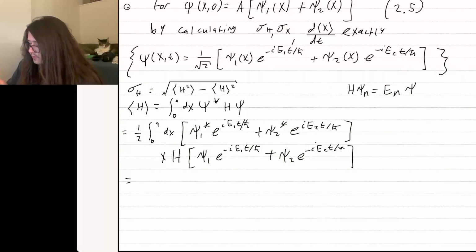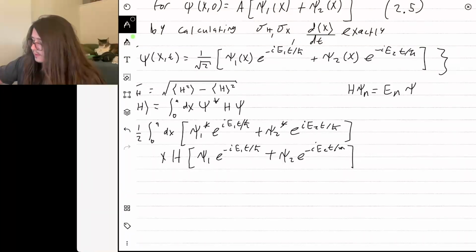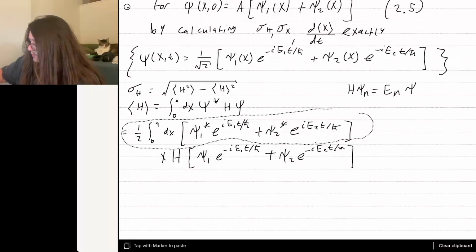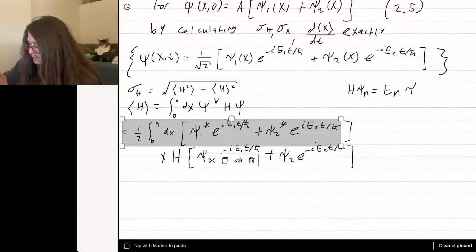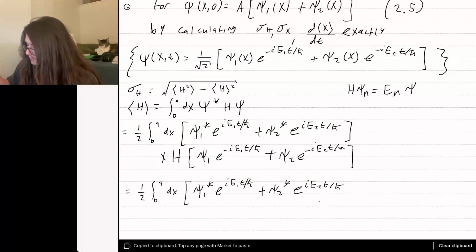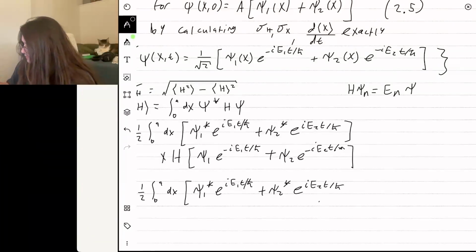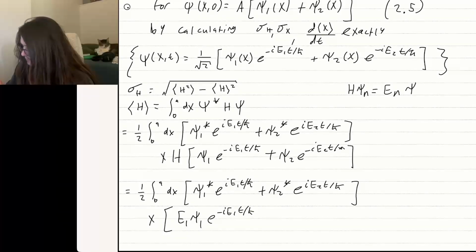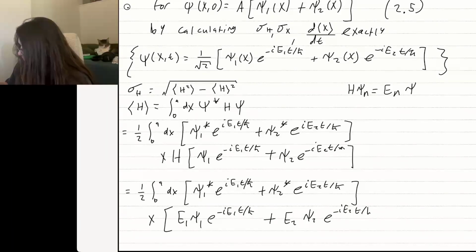So I'm just going to copy the top line of that there, and then we're going to pick up E1 on the psi 1 term and an E2 on the psi 2 term, which is reasonable to deal with. So this is times E1 psi 1 e to the minus i E1 t over h bar plus E2 psi 2 e to the minus i E2 t over h bar.